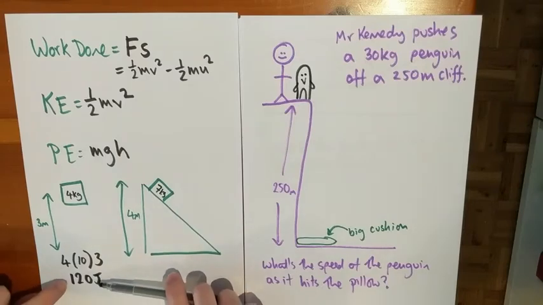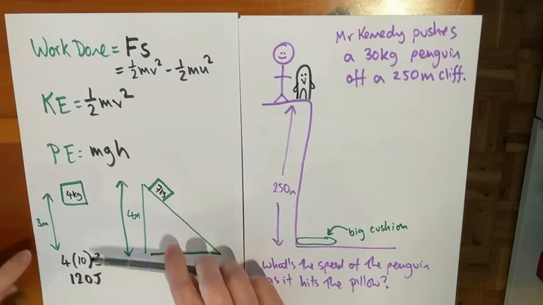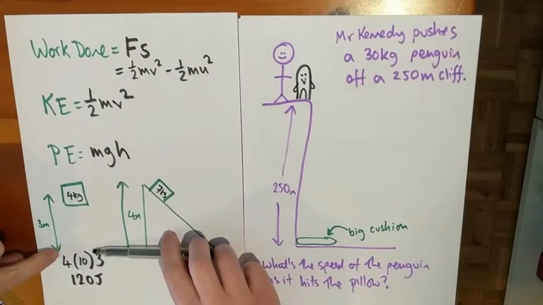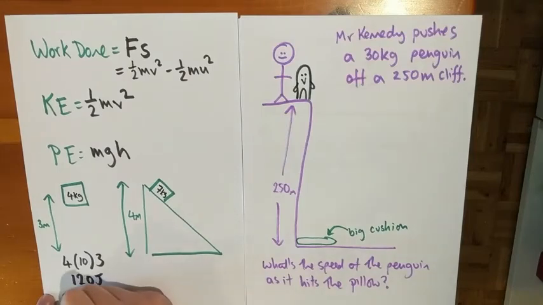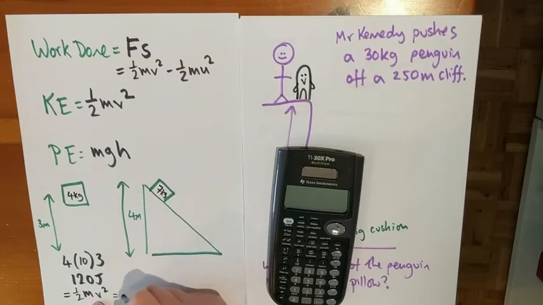So at the beginning, it's got 120 joules. At the end, it'll have 120 joules. But the energy will transfer from being potential to kinetic. So at the bottom, that 120 will equal a half mv squared, and then you can work out how fast it's going. That must mean, if there's a 4 kilogram box, that's the same as having a half times 4, so that's 2v squared, and that equals 120.